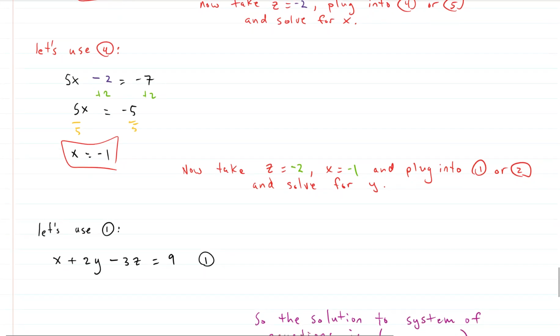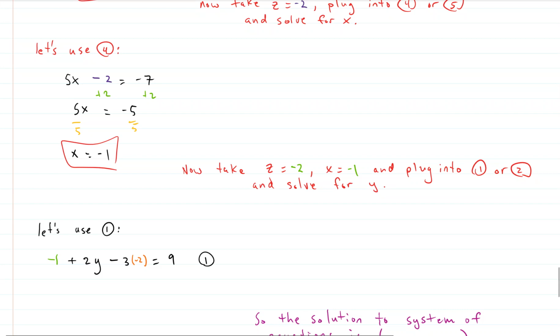So again, this is equation number 1. What do we have in here? We have an x. We know what the x is, we just solved for it. X is negative 1. And z is negative 2. That's nice. This gives us negative 1 plus 2y, and negative 3 times negative 2 gives us positive 6.